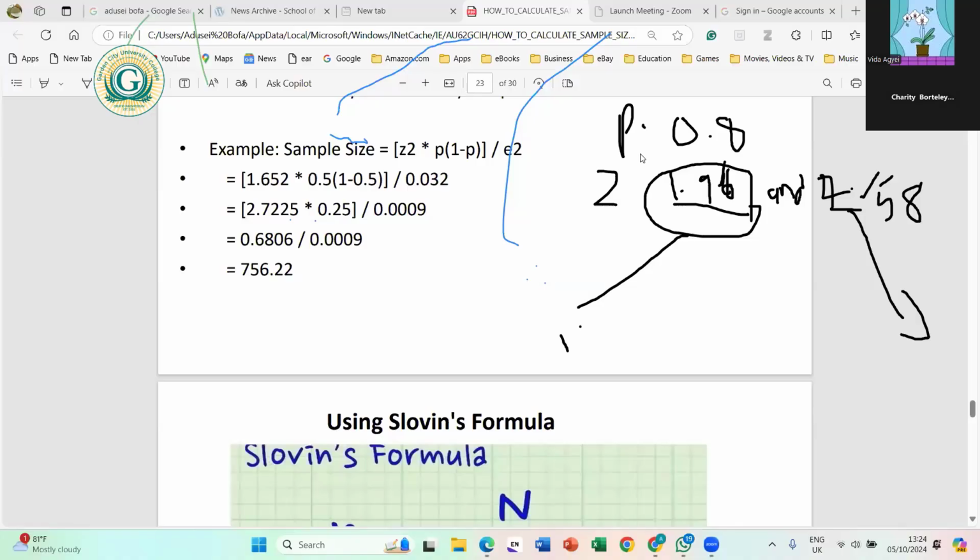Or to be on the safer side, if the question says you can choose from 1.96 and 2.58, that means you can choose one. So it depends on what the question tells you. And this is how, in most cases, I set my questions. You need to apply it. Okay.